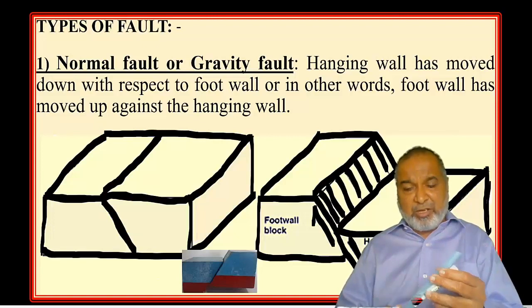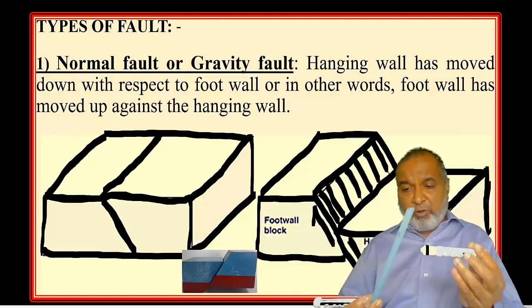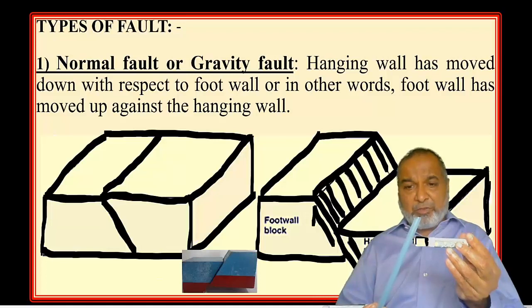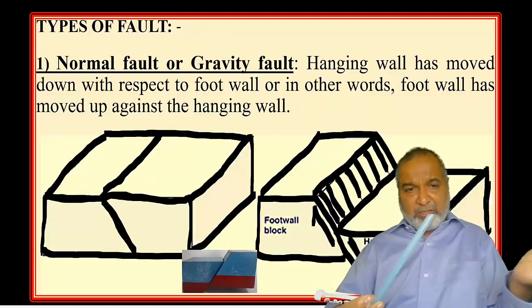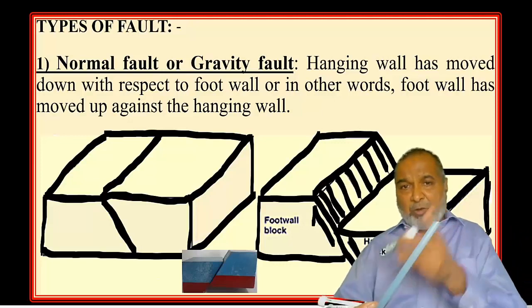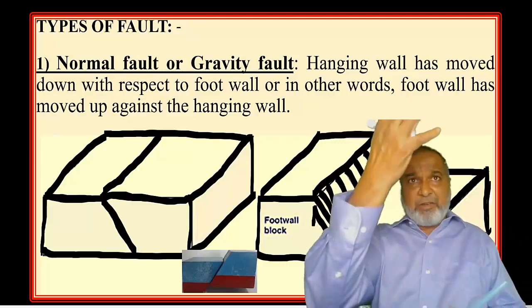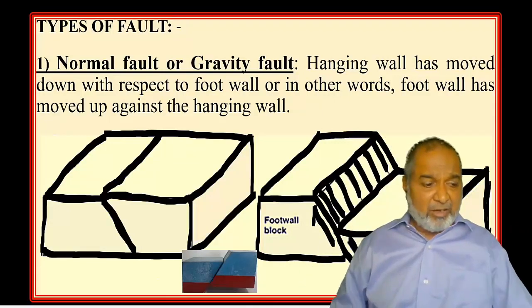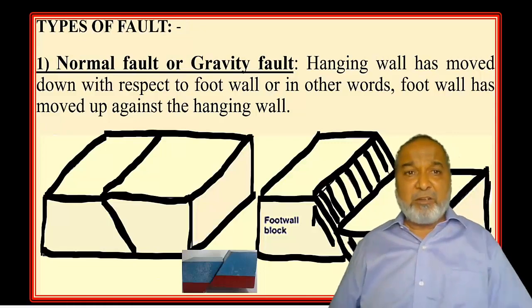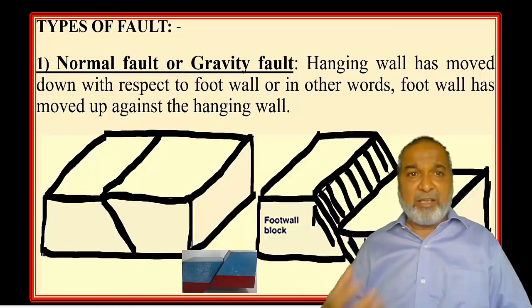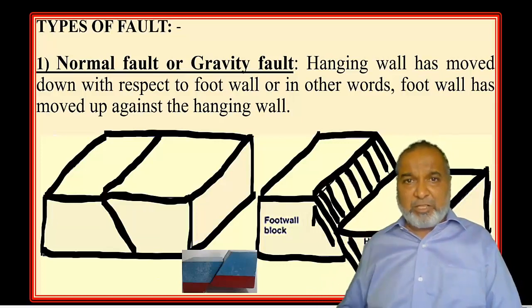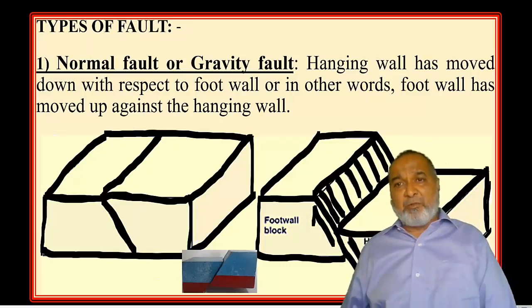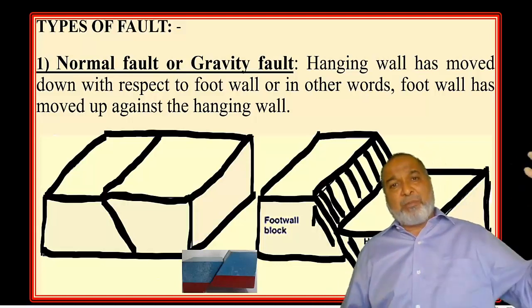This is the position now: the hanging wall goes down, the footwall remains constant, and this is the inclined fault surface. This is the footwall below this one. The hanging wall goes down, and with gravity the hanging wall has been dragged down. Movement has taken place in that hanging wall. So the hanging wall moved down with respect to the footwall. In other words, the footwall has moved up against the hanging wall.